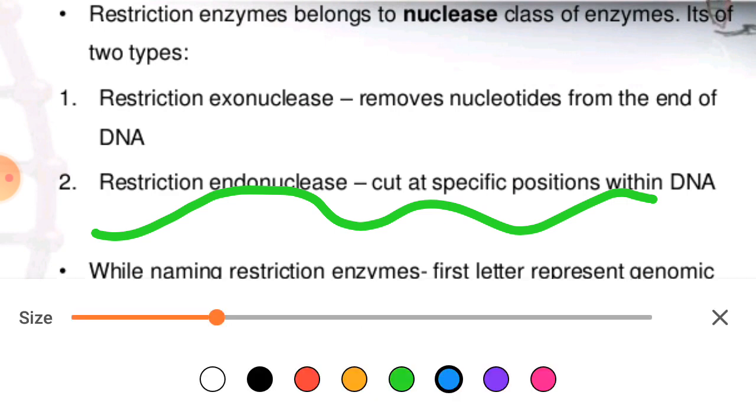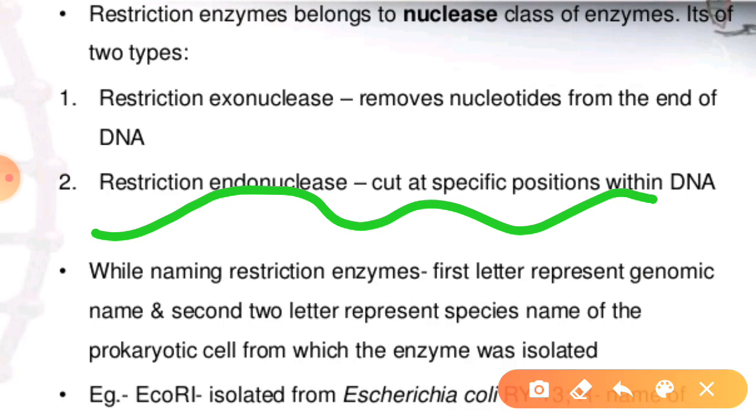Now they can always cut at a particular place, from any place like this. That's why it is a molecular precision tool. But it does not start from any end. It can cut from the middle part of the DNA. So in that particular condition, the endonuclease always cuts at a specific position within the DNA, and these specific sequences are recognition sequences.